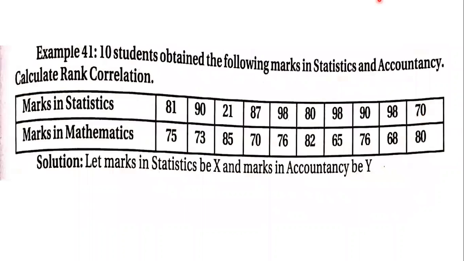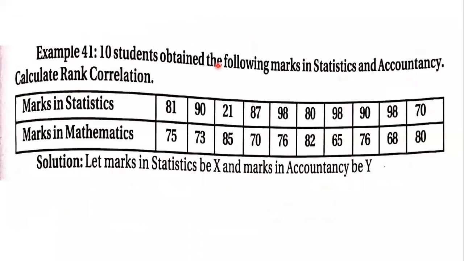Now let us solve the first problem for you to understand it better. 10 students obtained the following marks in statistics and accountancy. Calculate rank correlation. This is the question given to us.